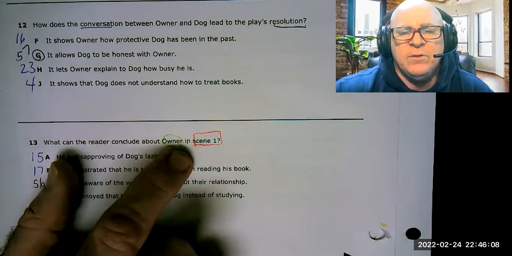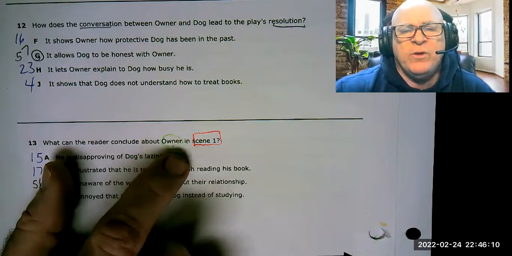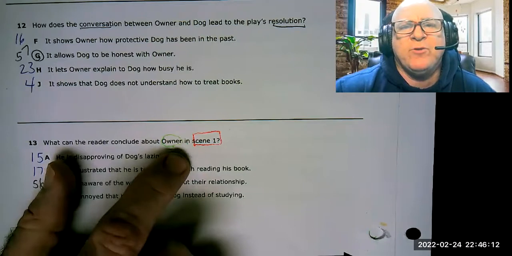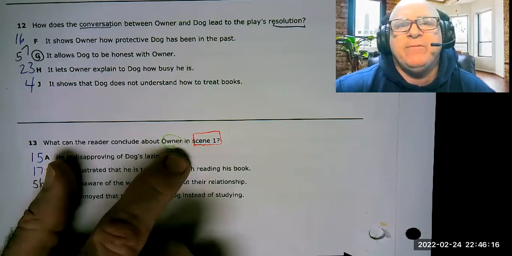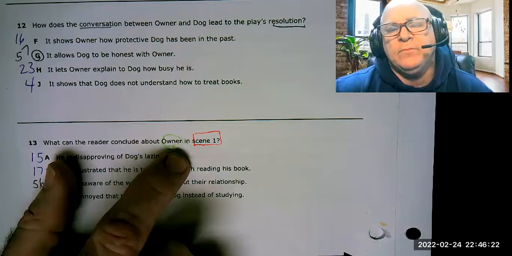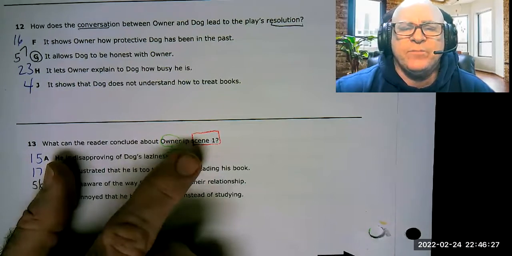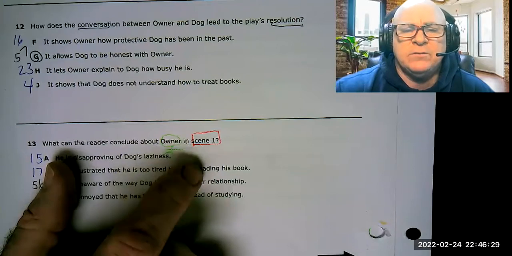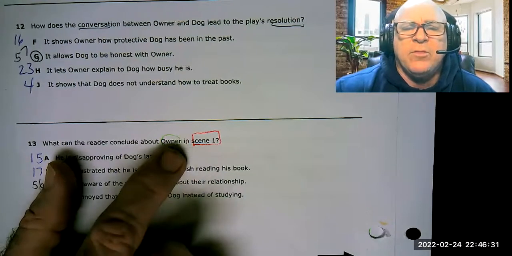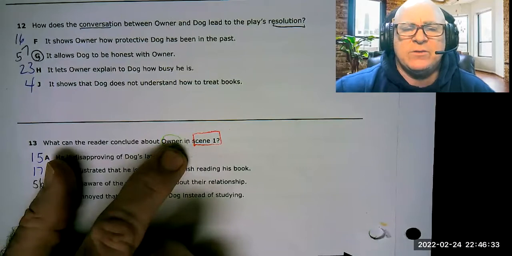There's no name. So if you're doing this with your class, whenever you're doing a play with your class, have two really brave individuals volunteer to act out the part of the owner and the dog. Because the question is asking about the dog through the owner's eyes.